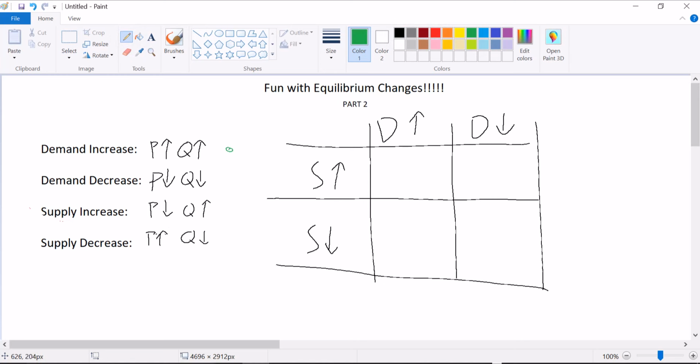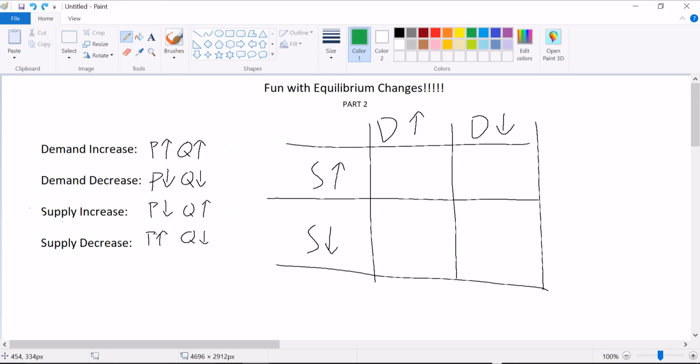so we're in this situation and this situation. Well, if we look at price, demand is pushing price up, supply is pushing price down. And so we actually don't know what happens to price. Unless we know that the demand effect is bigger than the supply effect or vice versa, we don't know.